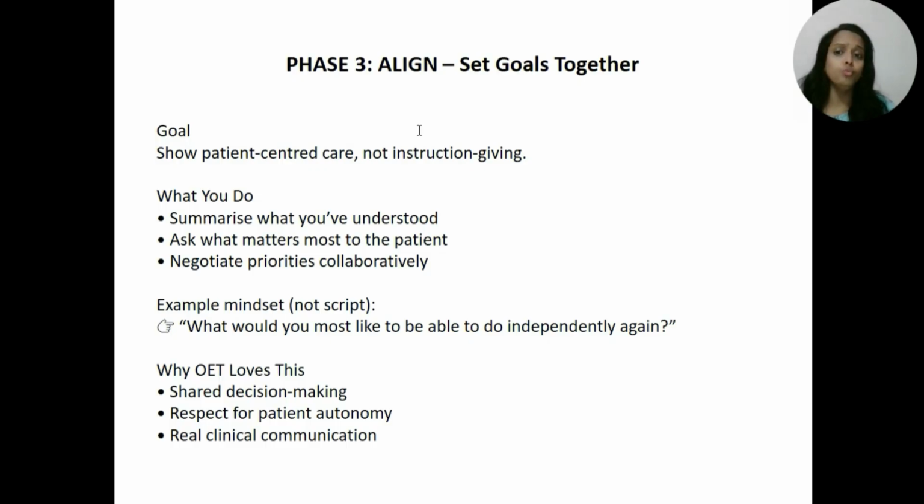For example, what would you most like to be able to do independently again? Because this shows that you are sharing the decision making, you are expecting an answer from the patient, and you are respecting the patient's autonomy. So this is real clinical communication.